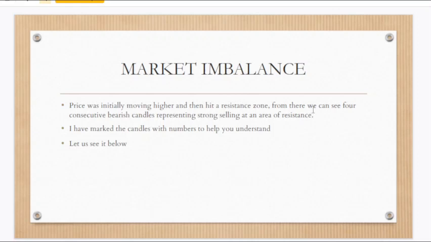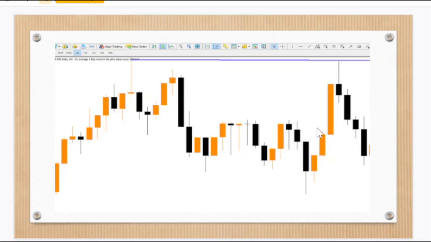From there, we can see 4 consecutive bearish candles representing strong selling at the area of resistance.